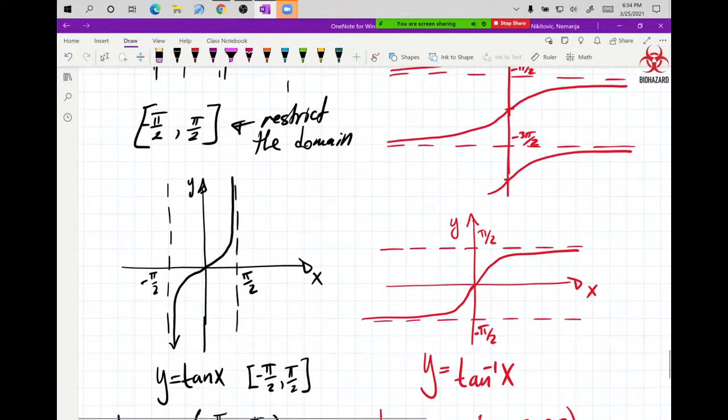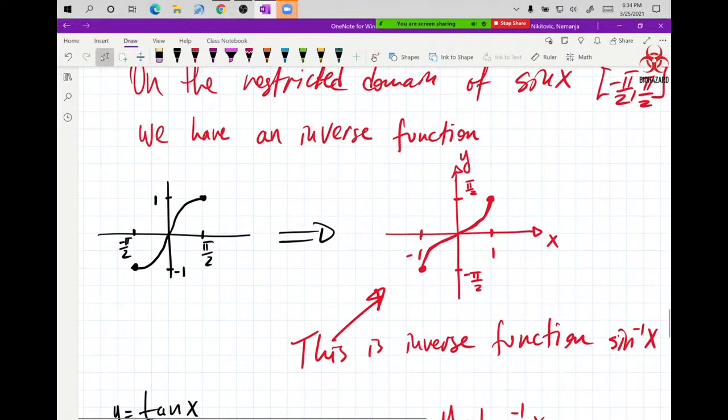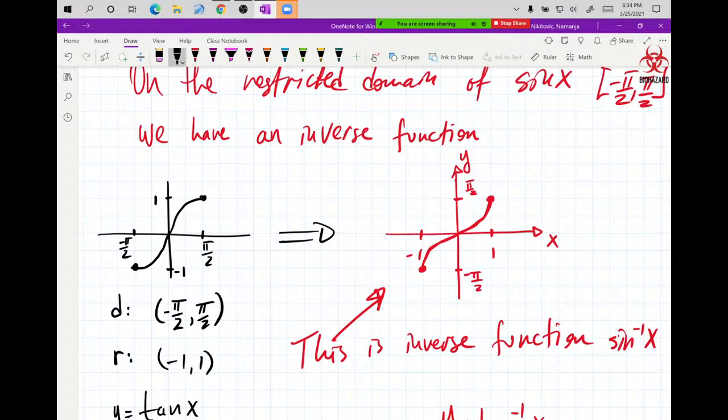And yeah, you can do the same thing for sine actually. So over here, you have your domain from negative pi over 2 to pi over 2, and your range from negative 1 to 1. On the other side, they flip. So the domain is negative 1 to 1. Right, that's left and right.